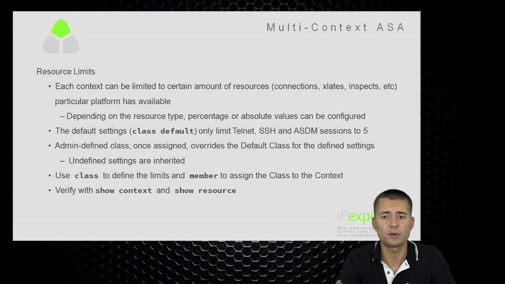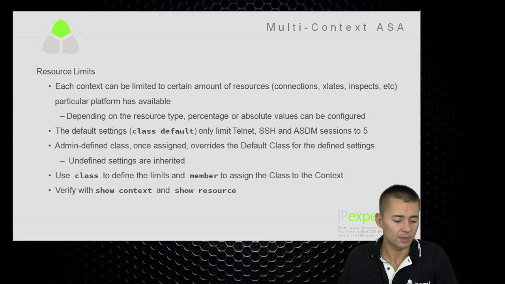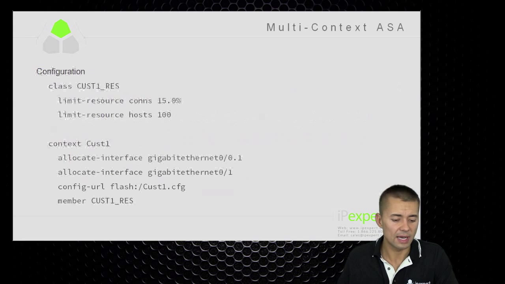So all contexts are initially part of this default class, which only restricts the management sessions to 5 for telnet, SSH, and ASDM. On the command line, this is going to look like the example here.